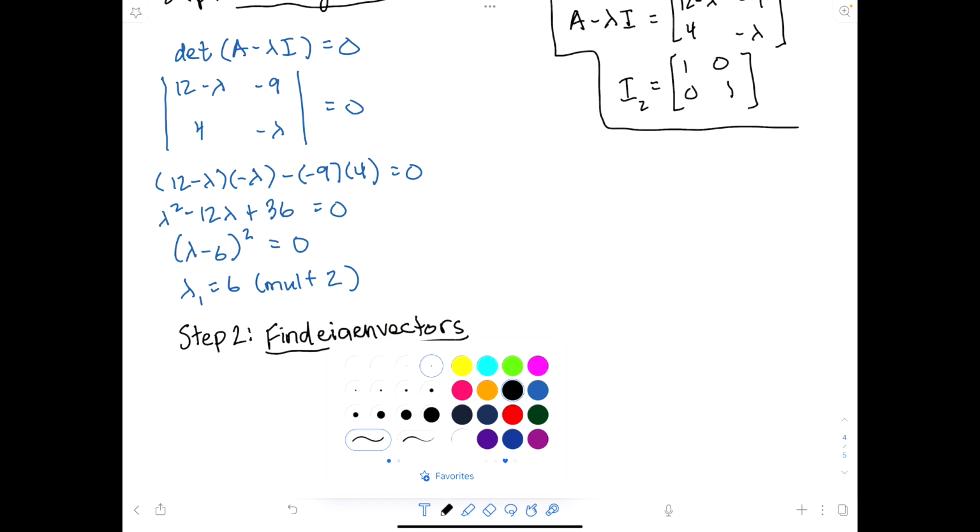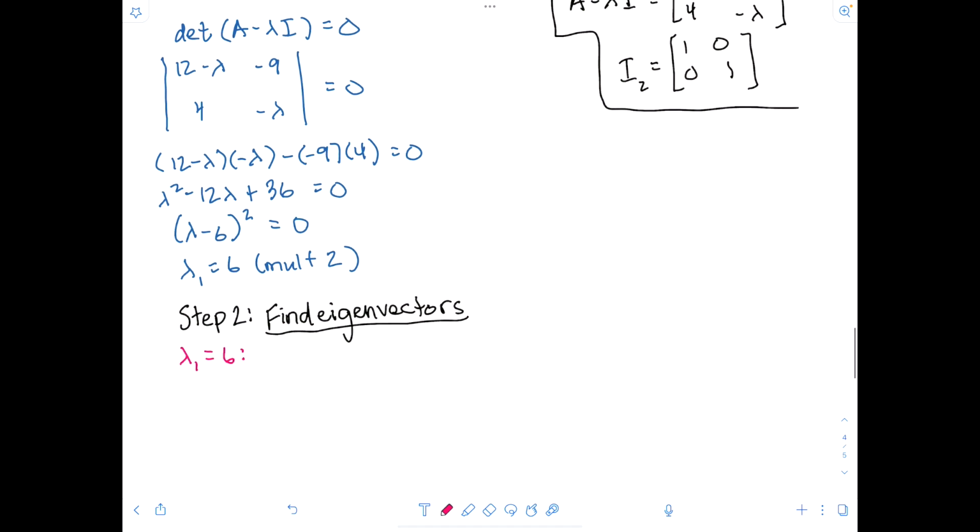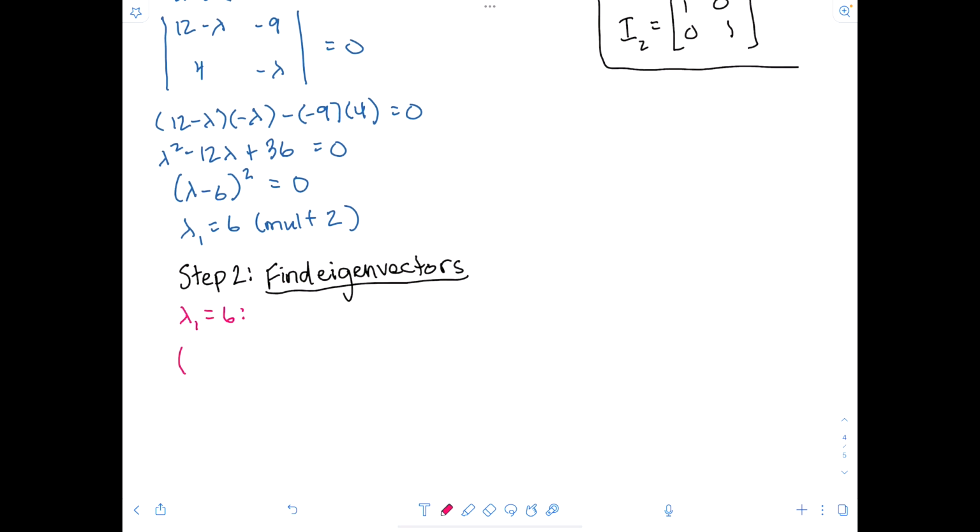So we've got our lambda 1 equal to 6. So we're looking at A minus 6I times capital K to get our first eigenvector equal to the 0 vector.